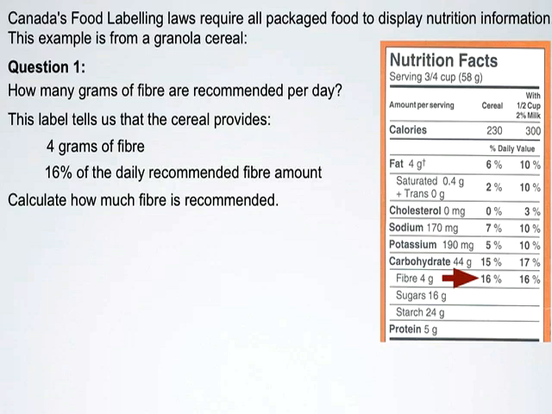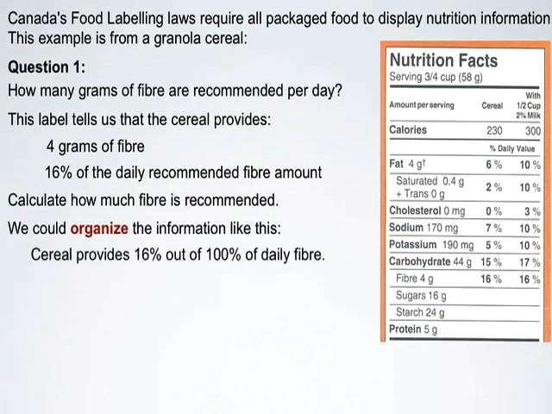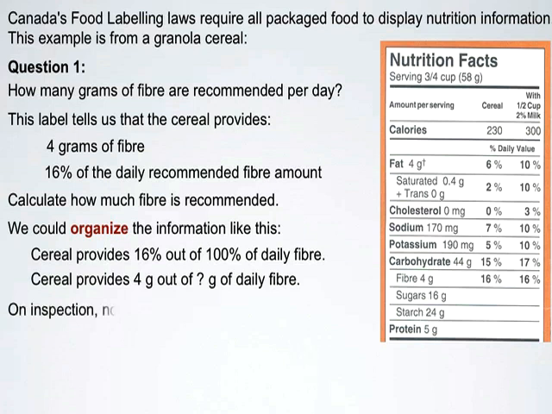So calculate how much fiber is recommended for the day. We're going to organize the information in order to help us solve the problem. Cereal provides 16% out of the 100% of daily fiber, and cereal provides 4 grams out of the unknown amount of grams of daily fiber that they're recommending.